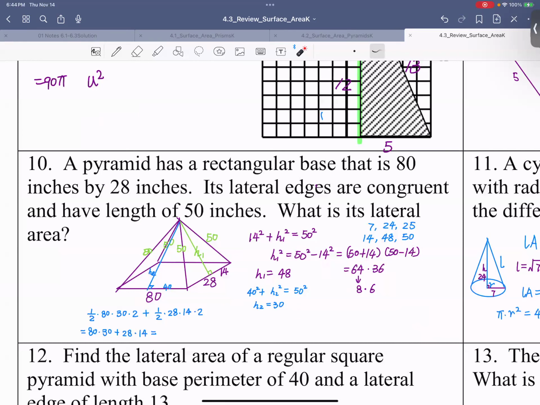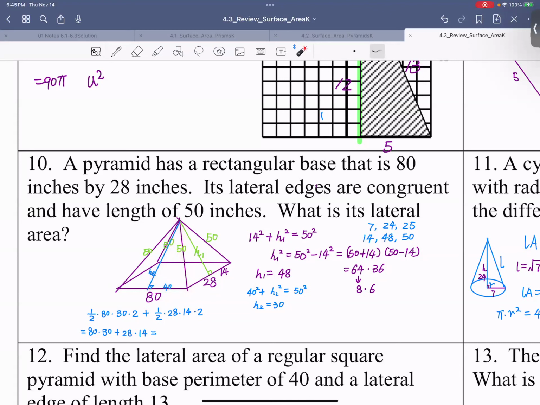Bella. See, this is 80. This is 80. And this is 28. If this is 80, then half of it will be 40, right? This is 40. The slant height and this 40 and this edge, this is what kind of triangle? A right triangle. So you can do the Pythagorean theorem, right?